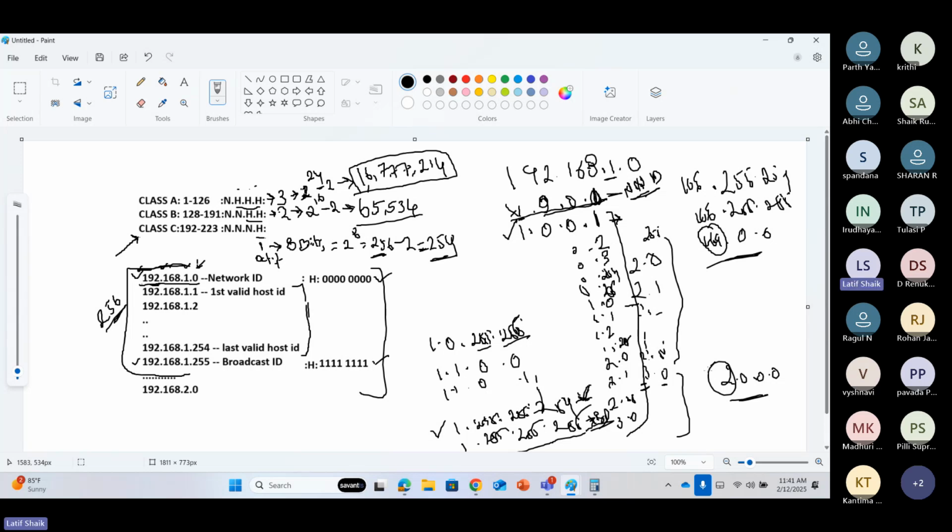And host portions can be different. The entire host portion should not be 0; if it is 0, then it is the network ID. If the entire host portion is all ones, meaning 255, then it is called the broadcast ID.